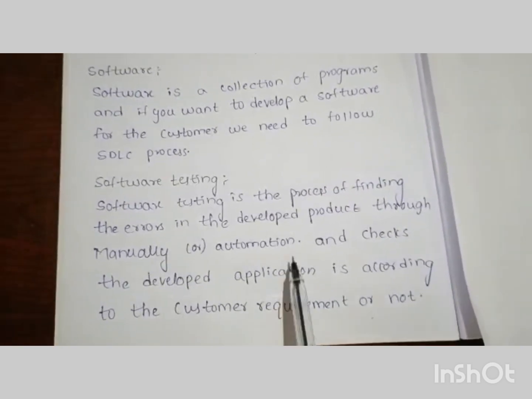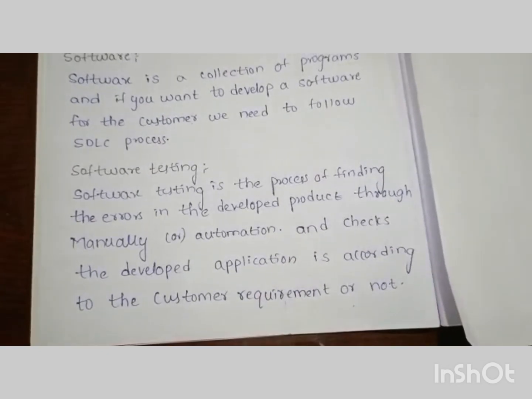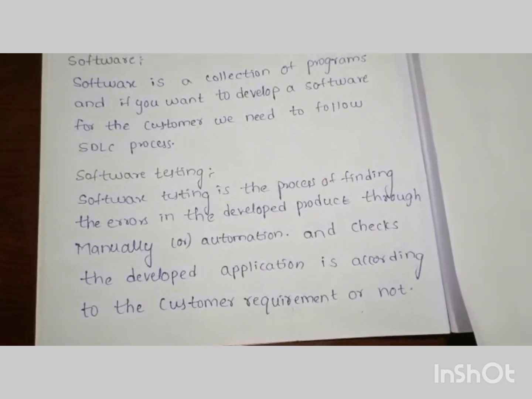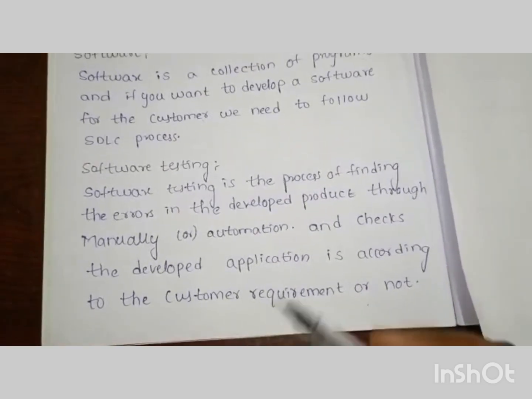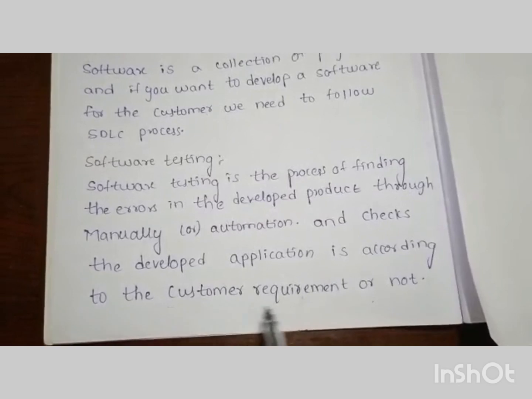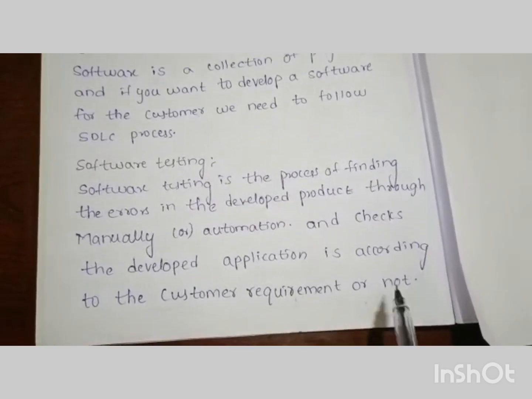Suppose there is a developed application, we check whether there are any errors. That is called software testing. We test to check whether it is fulfilling the customer requirement or not.